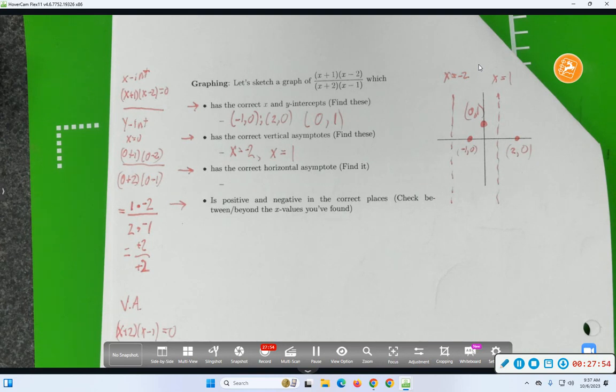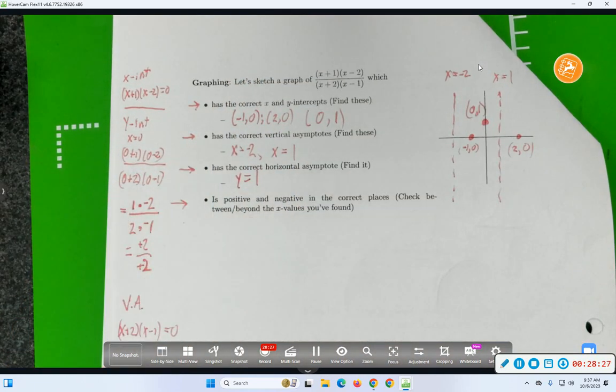So whenever the degrees are tied, we need to take the ratio of the leading coefficients. I guess that means we imagine foiling out the numerator and denominator and seeing what the leading coefficients would be. If you foil out the top, what do you see in front of the x squared? A 1. If you foiled out the bottom, also a 1. So where's the horizontal asymptote? 1.